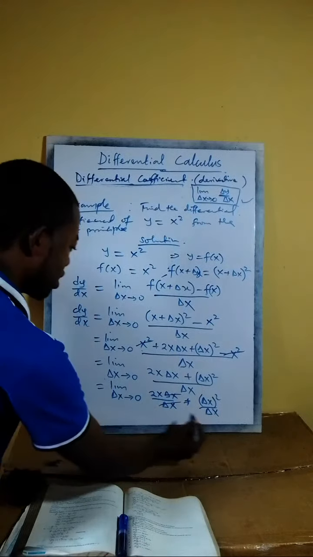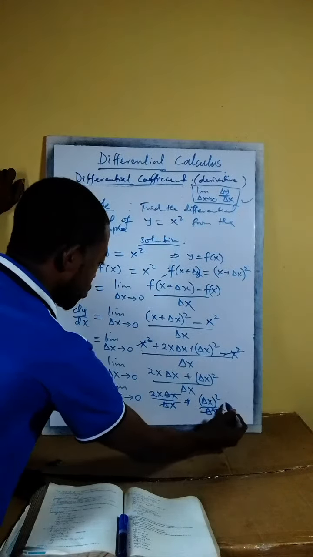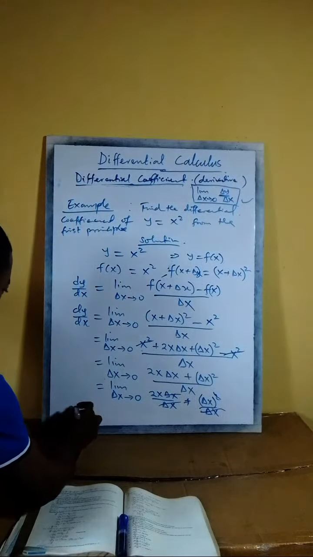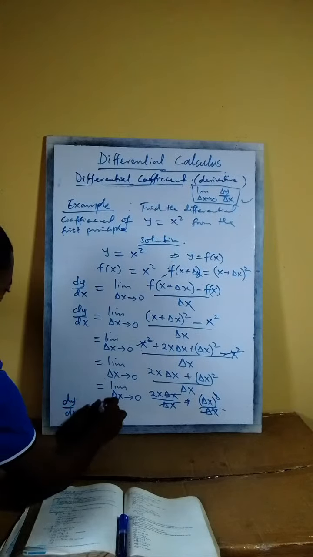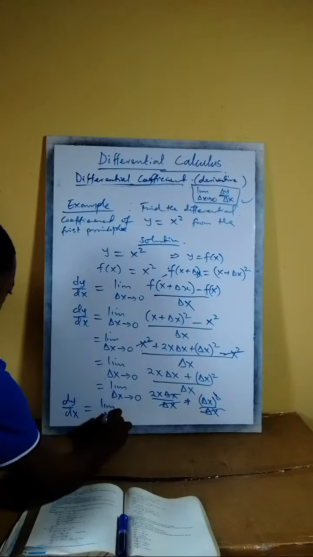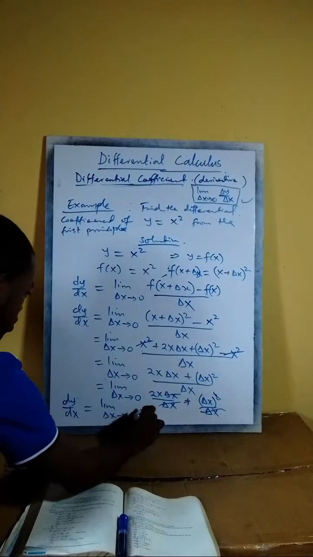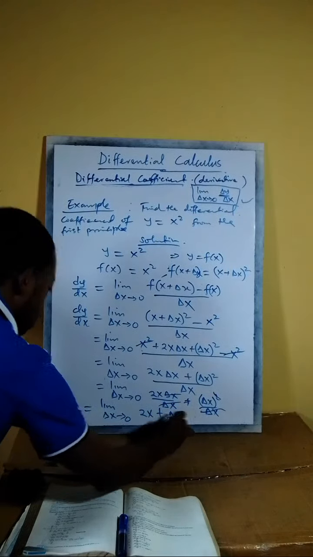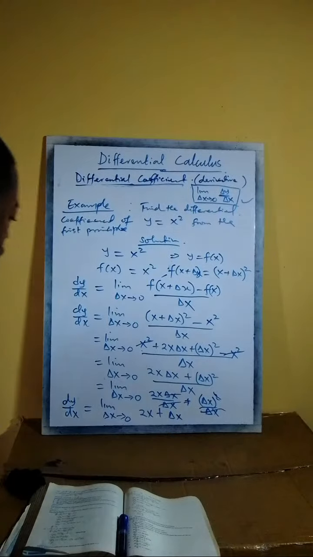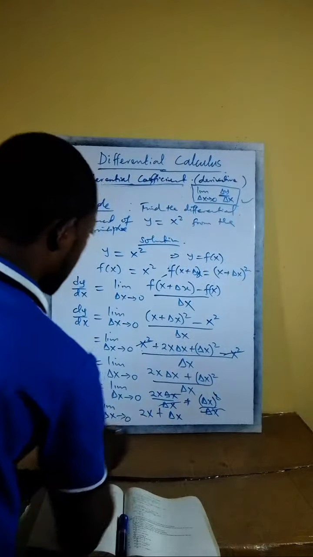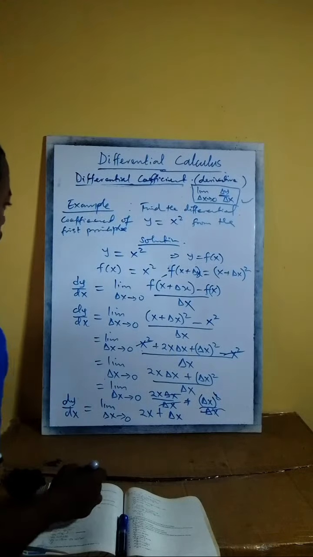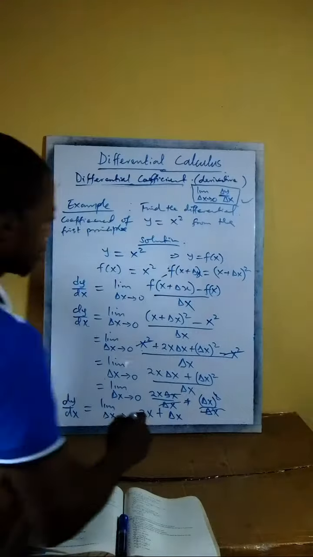That means we have 2x here, and also delta x cancels one delta x here, leaving delta x. So dy/dx will now be equal to the limit as delta x tends to 0 of 2x plus delta x. Now, since delta x is tending to 0 here, anywhere delta x appears, we put 0.